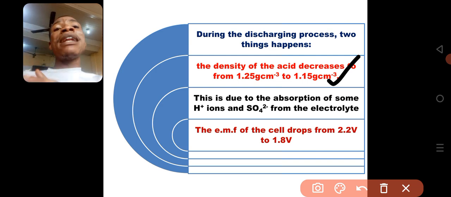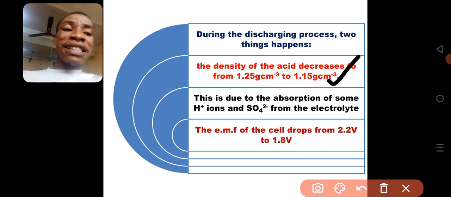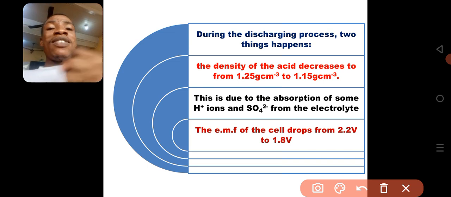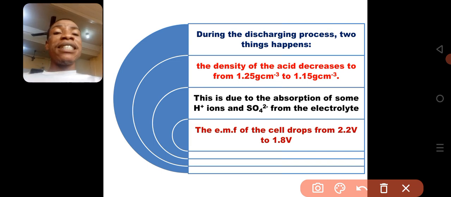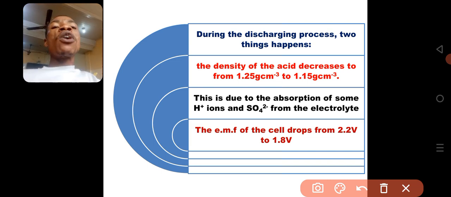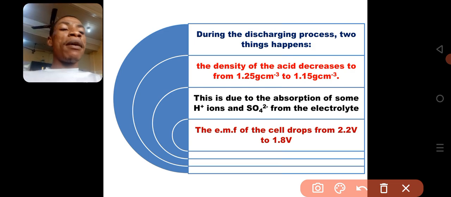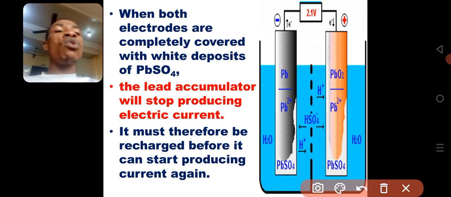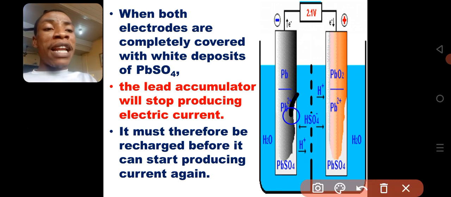Now it is very normal that the density should decrease, because the SO4 2- in the acid has been reacted with by lead. So some of those sulfate ions have left the solution to form the white deposit of PbSO4. So that white deposit is also obtained from the electrolyte.